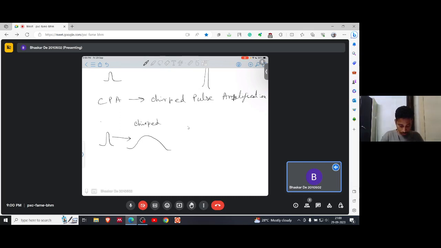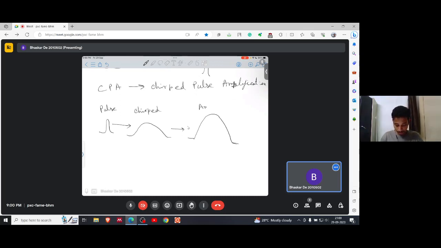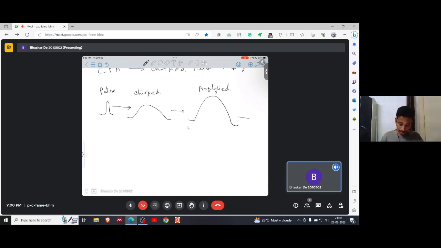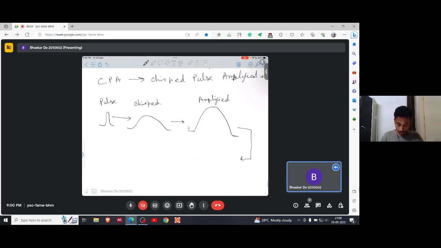This is the normal pulse that is generated in a laser. Then we amplify the whole pulse, and then this thing becomes like this. It is amplified, and then finally in the final step, like in the compressor, we compress this pulse.